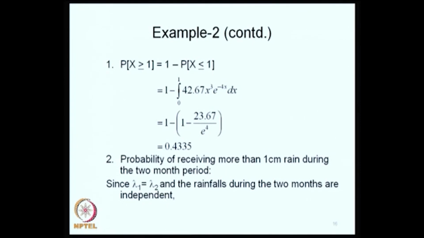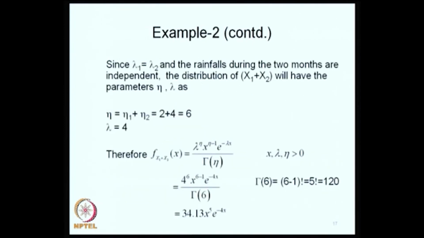Both x 1 and x 2 follow gamma distributions. They both have the same scale parameter, lambda 1 equal to lambda 2, both equal to 4, but with different shape parameters eta 1 and eta 2, and therefore, we should be able to write the distribution of x 1 plus x 2.